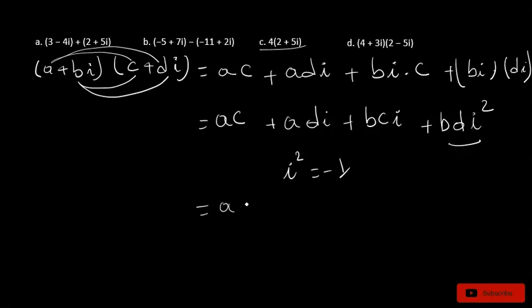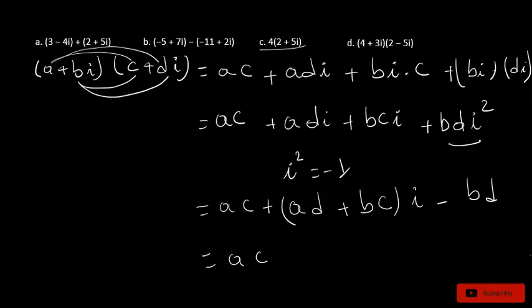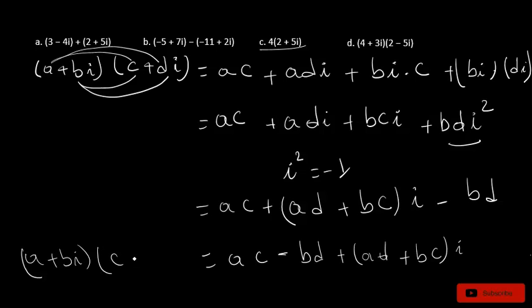I will have ac plus, then I group the i parts, ad plus bc times i. Here I have a minus, because i squared is minus 1, and we have minus bd. This is equal to ac minus bd plus ad plus bc times i. This is the product of a plus bi times c plus di.